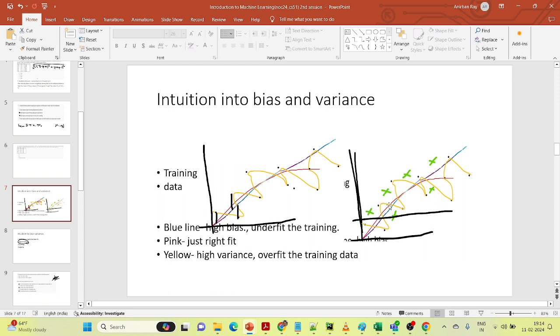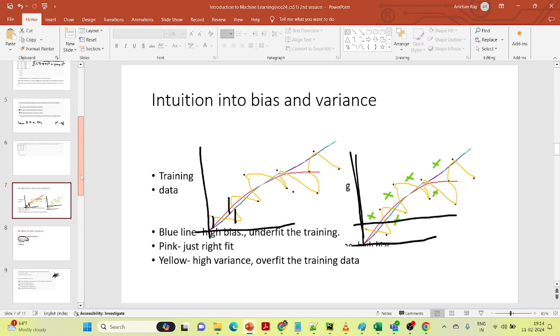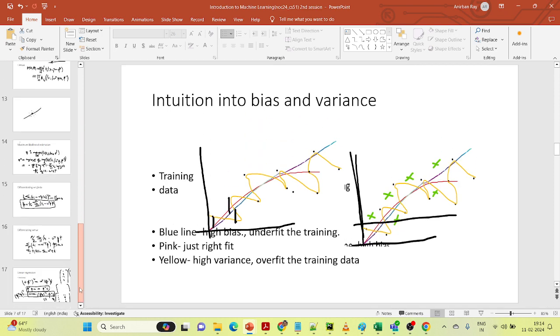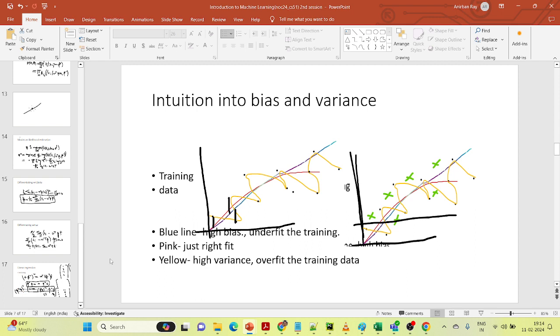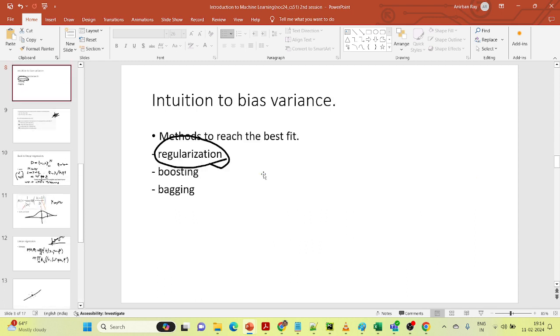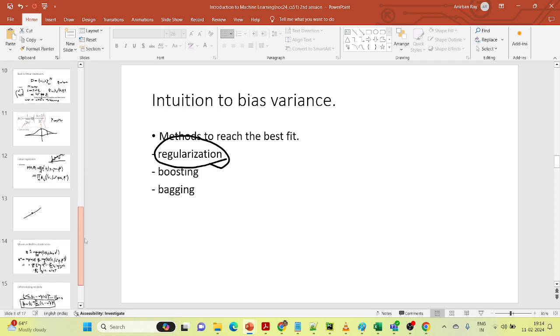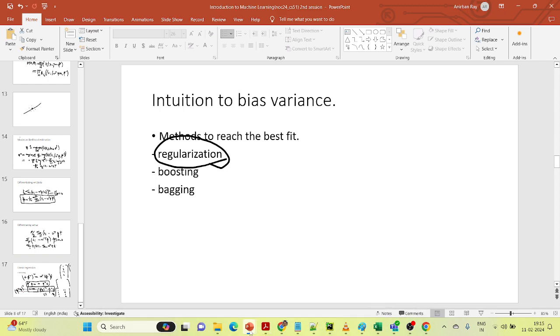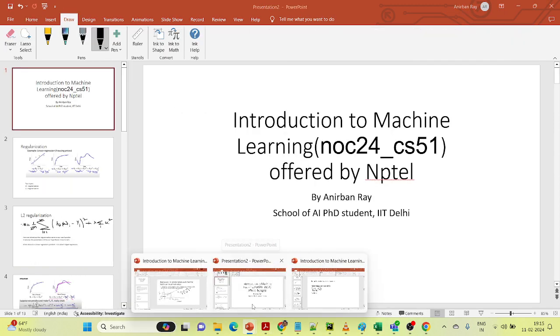These green crosses are the test data, so it will do badly on that. So our first method to address the high variance and low bias situation is regularization. So next we are going to study today is regularization.